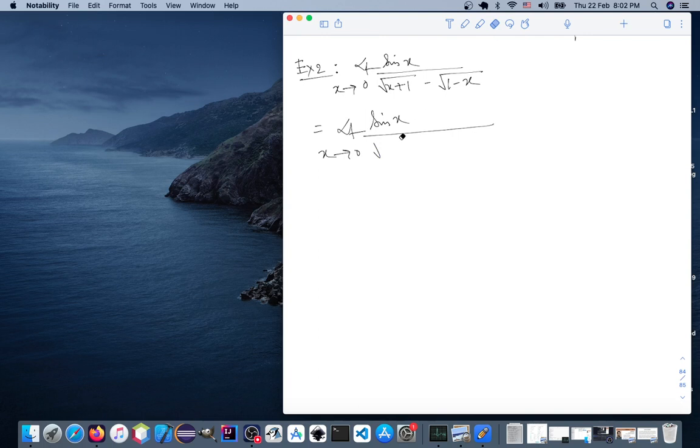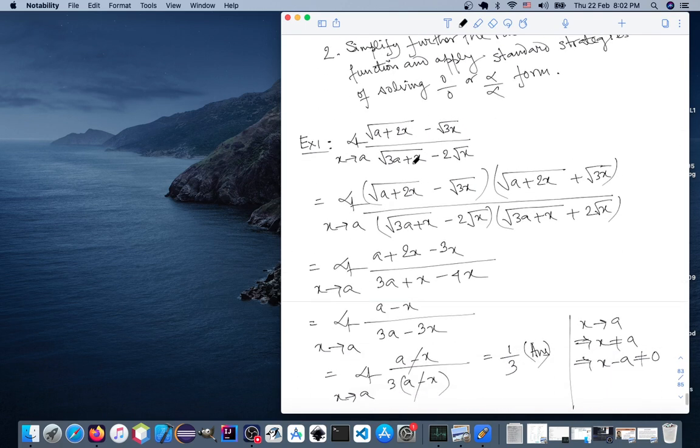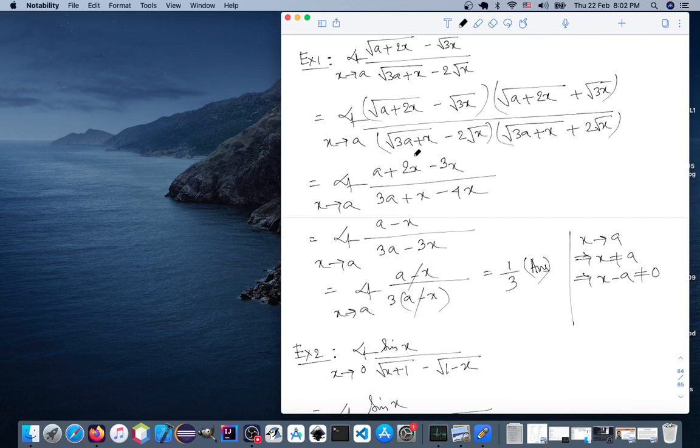One second, one second. I think I have done something wrong in the previous problem, because when I rationalized this, I have to also multiply this term in the denominator. So this term would also be in the denominator and this term will be in the numerator. Sorry.